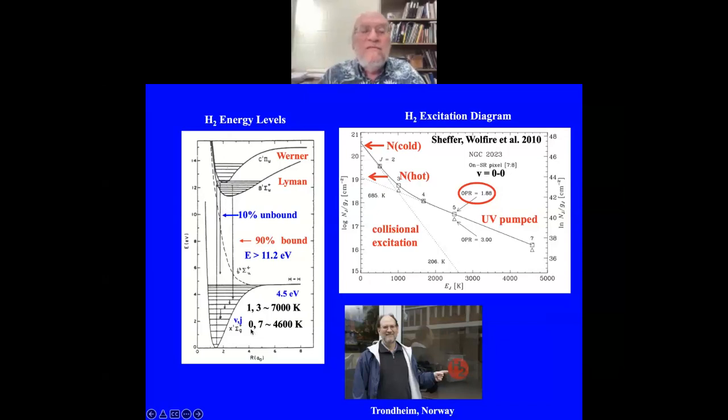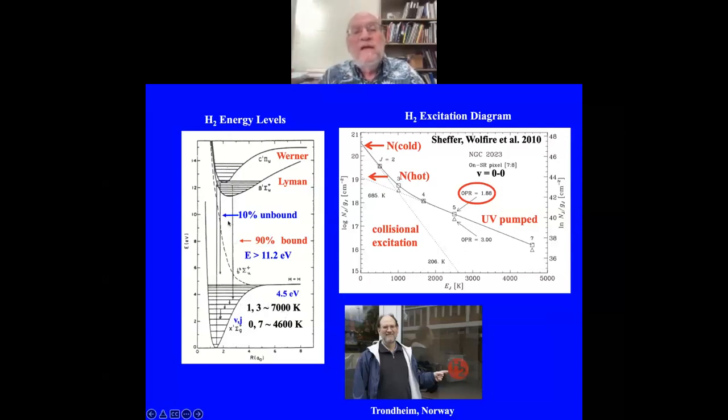So if you look at V equals 0, J equals 7, that's about 4,600 degrees above ground. So it's possible to excite that by collisions in a PDR. If you look at V equals 1, J equals 3, that's about 7,000 degrees above ground. That gets more difficult to excite in a PDR by collisions.